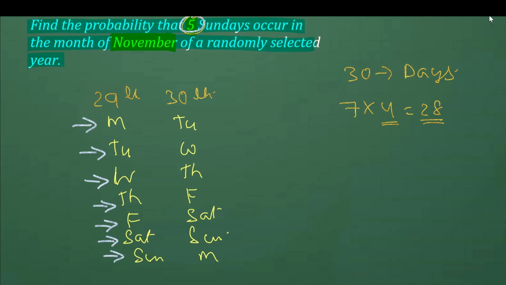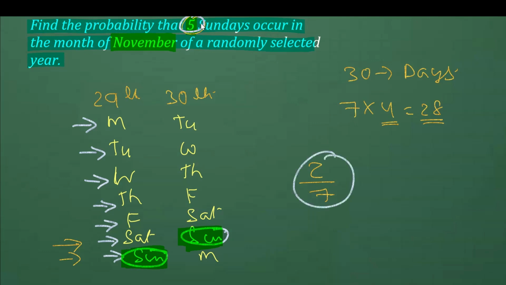And we need 5 Sundays, that means one additional Sunday. So the Sunday is over here and over here. These are two favorable, so out of 7, there are 2 favorable observations. Sunday is there in Saturday, Sunday, and in Sunday, Monday. So 2 out of 7 is the answer: favorable observations are 2 and the total is 7.